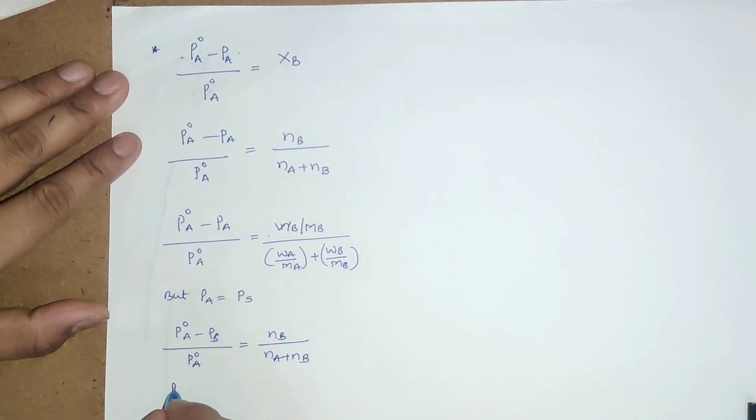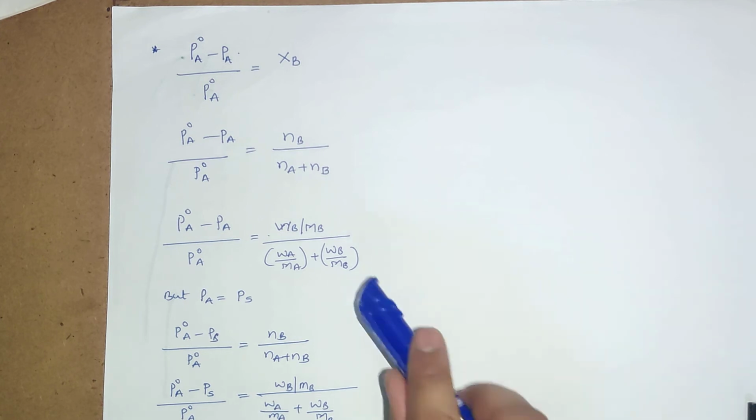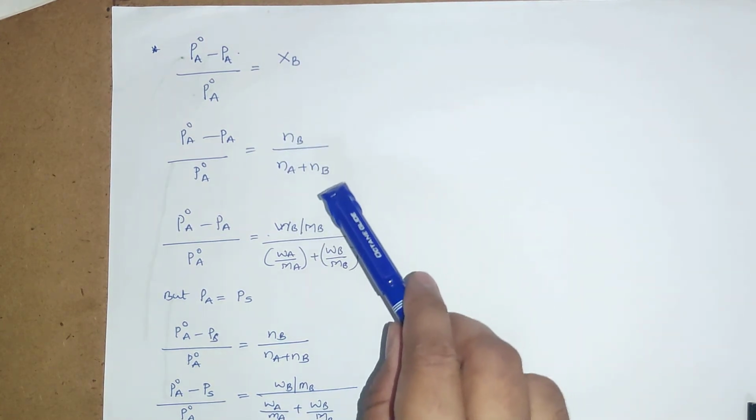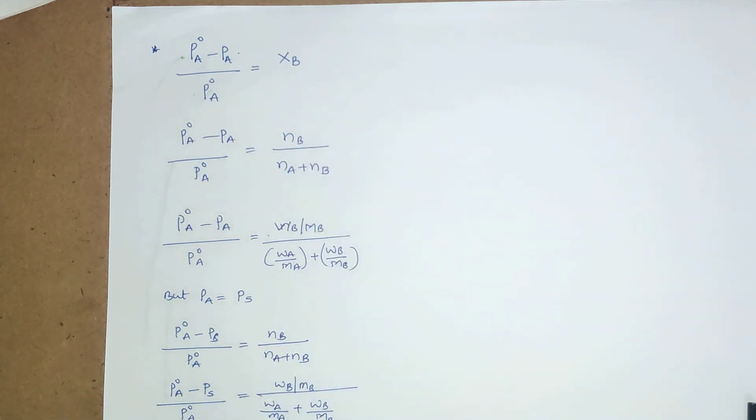We may also write (P naught A minus Ps) by P naught A is equal to Wb by Mb, divided by Wa by Ma plus Wb by Mb. All these formulas are useful to calculate the molar mass of a solute. Depending upon the data, if mass and molar mass of solvent and mass of solute are given, you can use this formula. If the number of moles of solvent is given and mass of solute is given, then you can determine the molar mass of the solute.